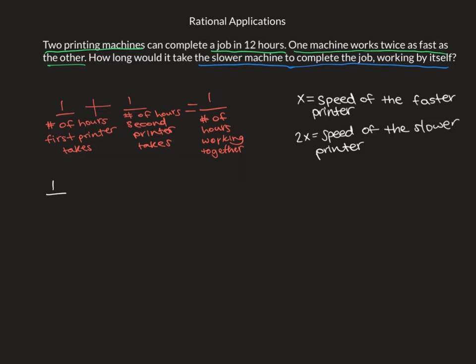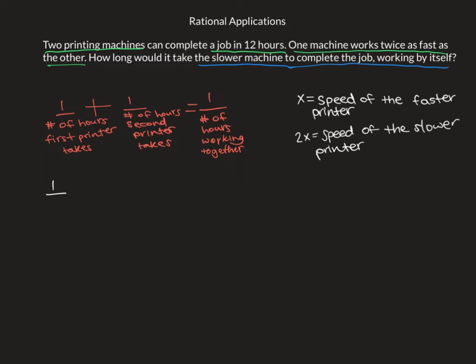And the reason that x is the speed of the faster printer and 2x is the speed of the slower printer is because in time, you have to remember that the less amount of time you take, the faster you are. So that's why it has to be flipped. So x equals the speed of the faster printer, 2x equals the speed of the slower printer.